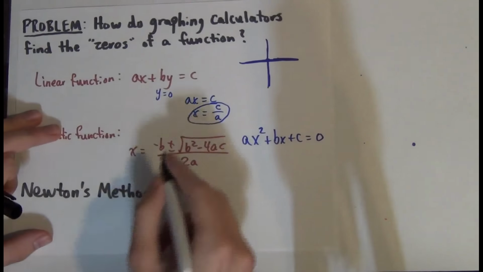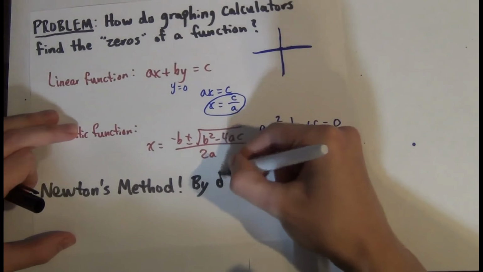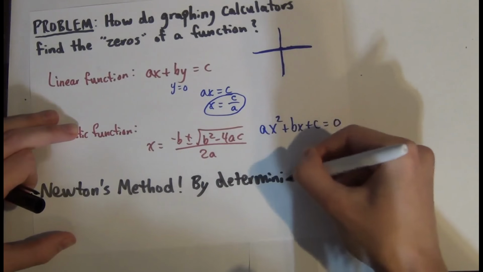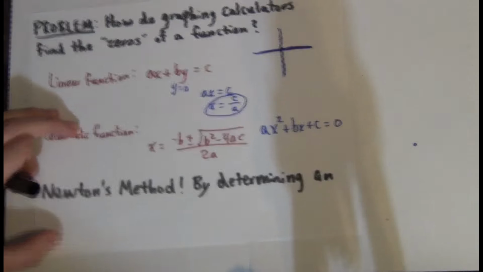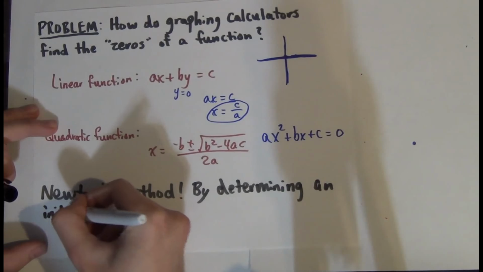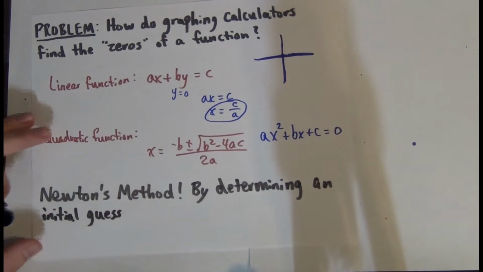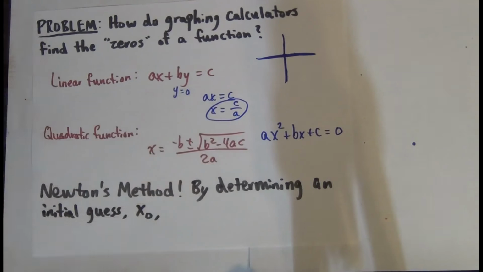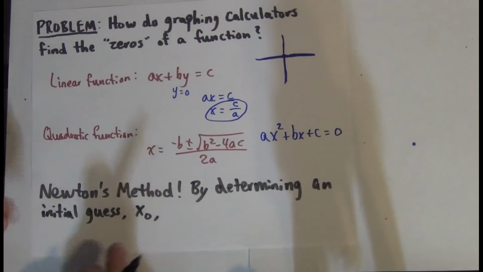But essentially, it's going to let us approximate the zeros of a function. First, you're going to have some sort of an initial guess, and we'll call that x naught. It's just some x value that looks to be close to the zero.